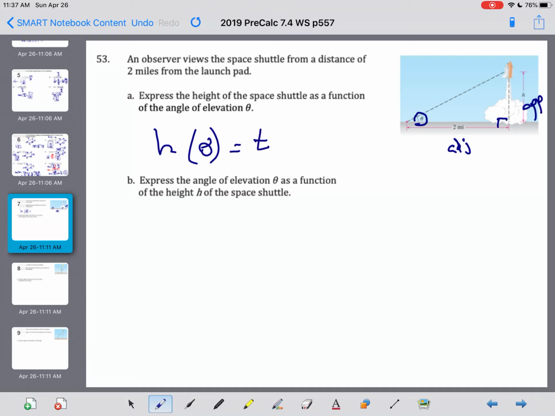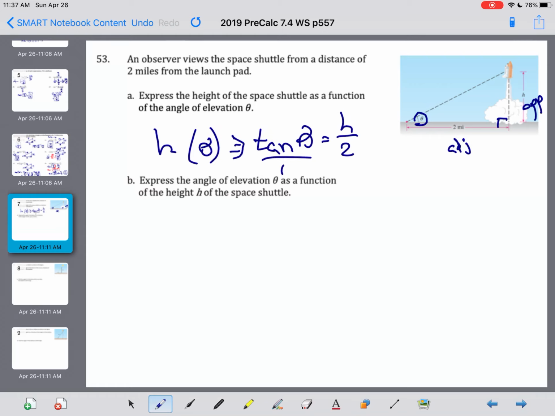I'm going to go ahead and apply the tangent function, and that's going to have to equal the tangent of theta equals h over 2.